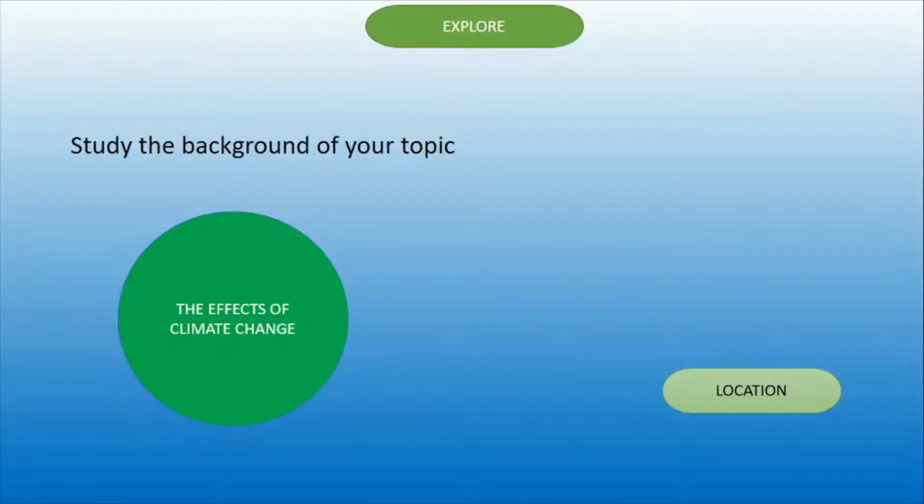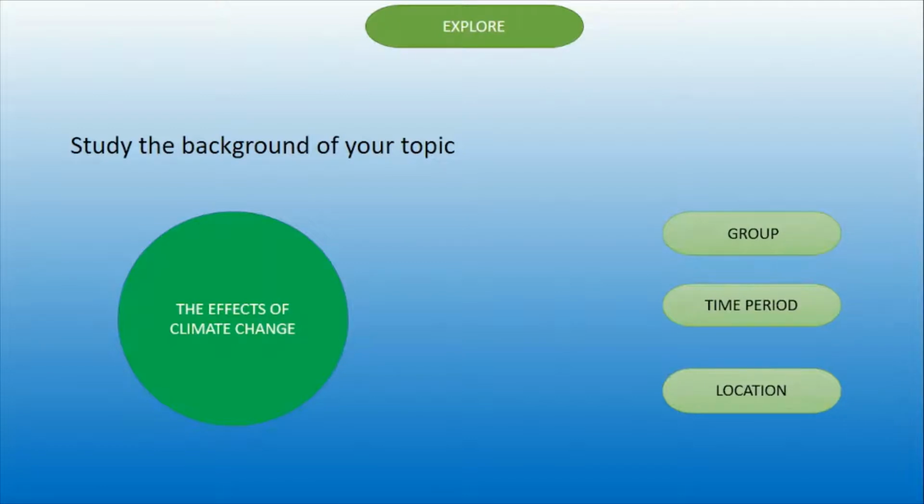Or are there enough research papers written on the effects of climate change in a certain time period? Are there enough research papers written on that? Or what research methodologies did they use if they did that? And can you use a different research methodology? Or maybe what group did they focus on when they were studying the effects of climate change? What group did they focus on? Can you use a different group?